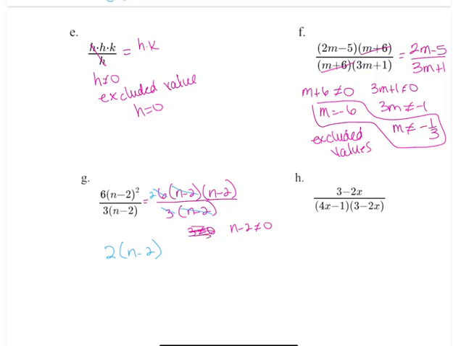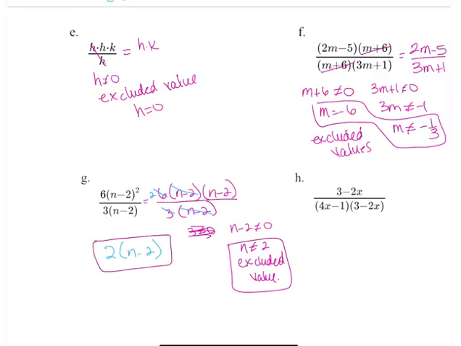This one we can just ignore, because there's no variable. And this one you're going to add 2, so we know that n cannot equal a positive 2. That would be my excluded value, and that would be the simplest form.